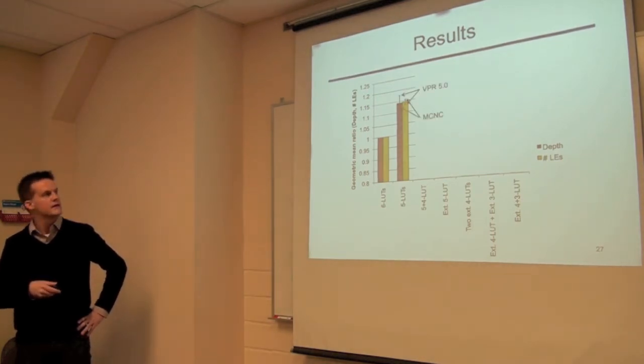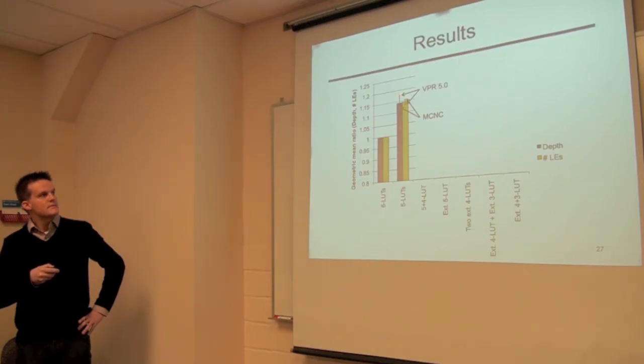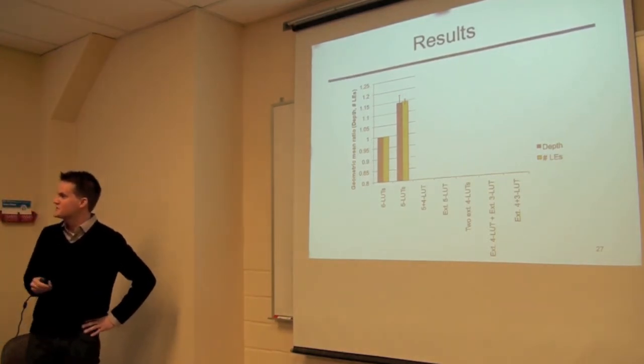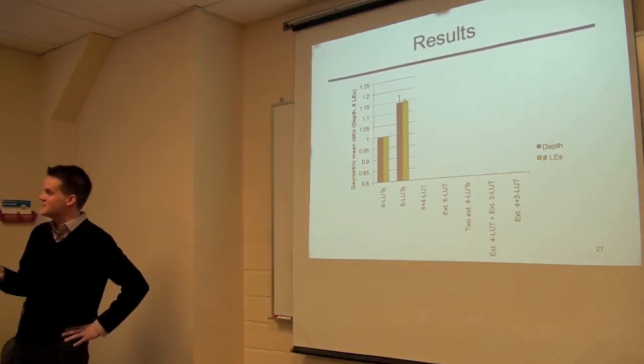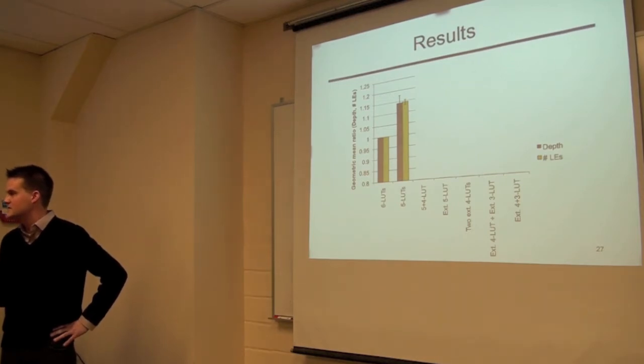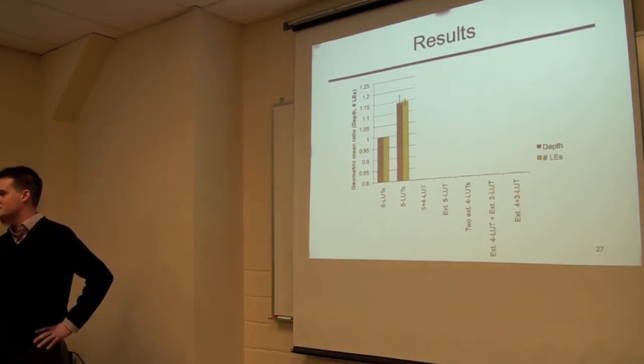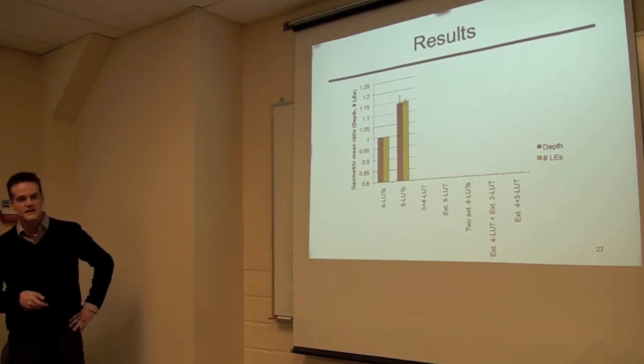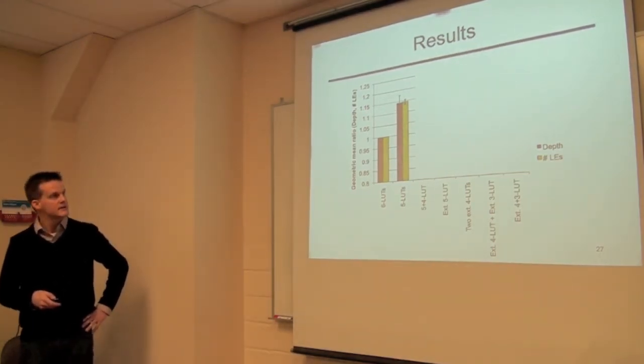Now, I've added error bars onto each of these bars, which show the difference between the VPR5 circuits and the MCNC circuits. The reason I did it is because we see considerably different results for the VPR5 circuits versus the MCNC circuits. I'm using error bars in Excel to demonstrate it.